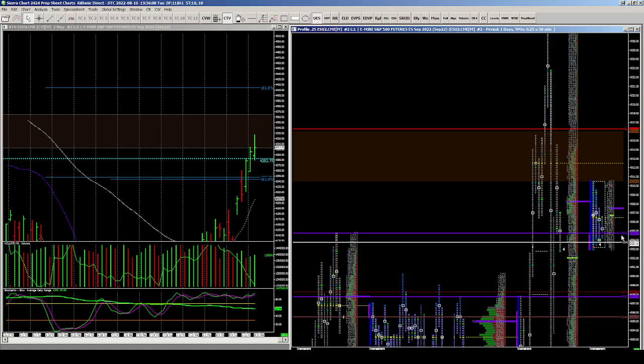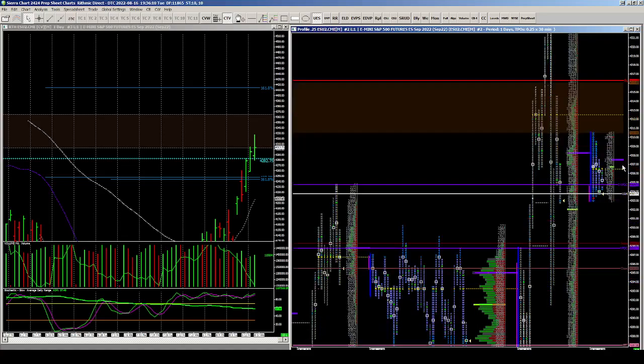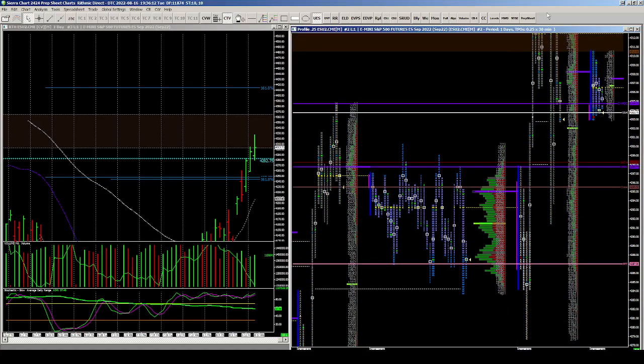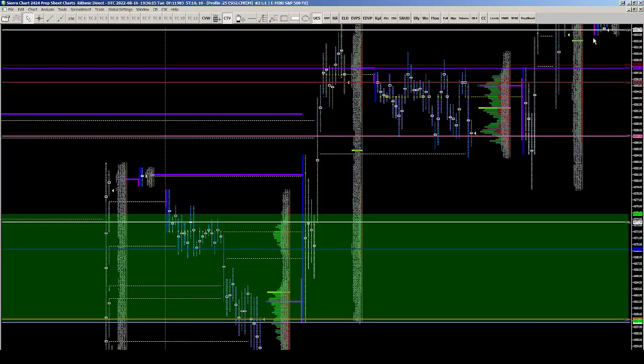Coming into the day, of course, not knowing what was going to happen, this part of the screen is what we were looking at. If you block off everything from right here to the right, that's today. This is Monday. We've got Monday right here, and we've got the overnight right here.